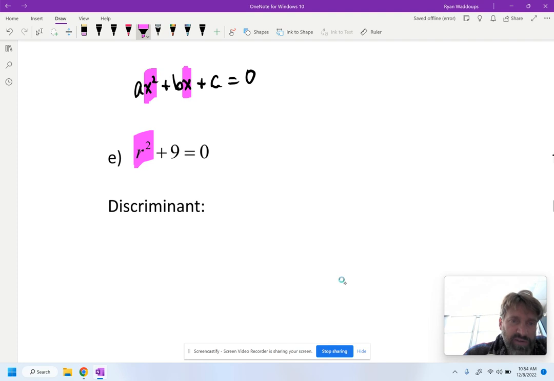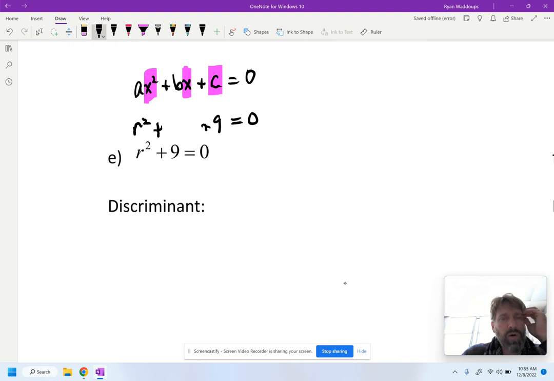So I should have a term here that has an r, and I don't see one. And then c would be my constant, which would be 9. So I need to rewrite this. I've got r squared plus something plus 9 equals 0. And I ask myself, what would I add?